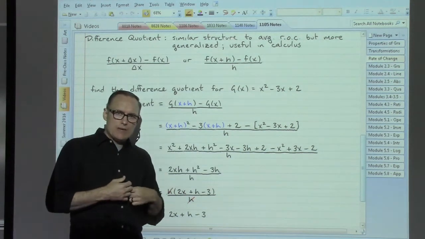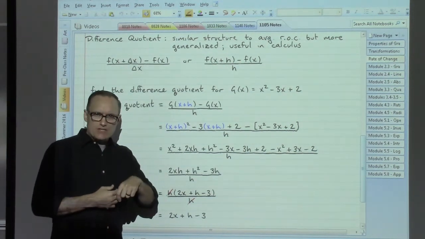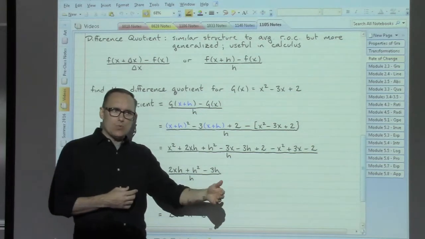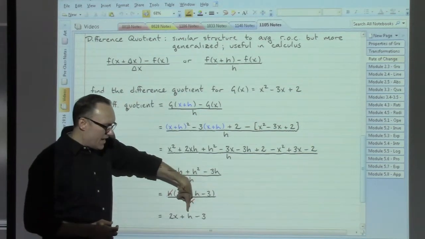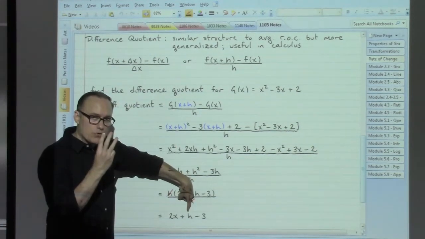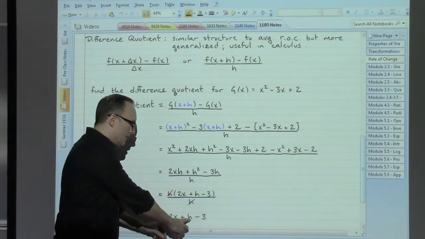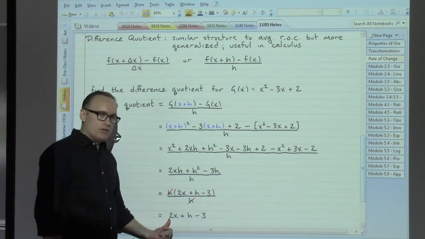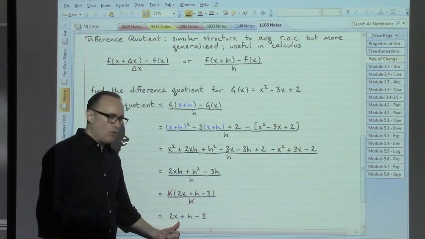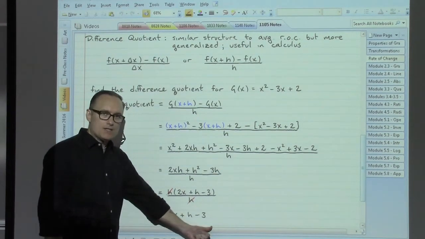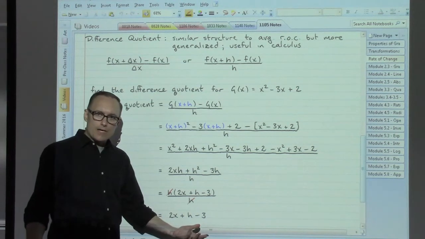And in that original example, we said, well, we're going to start at x equals -2. We're going to end at x equals 1. That would be a change of 3 units. So we can plug in the -2. We can plug in the 3. Hey, look at that. 2 times -2 is -4. Plus 3 minus 3, that's the -4 that we got earlier.